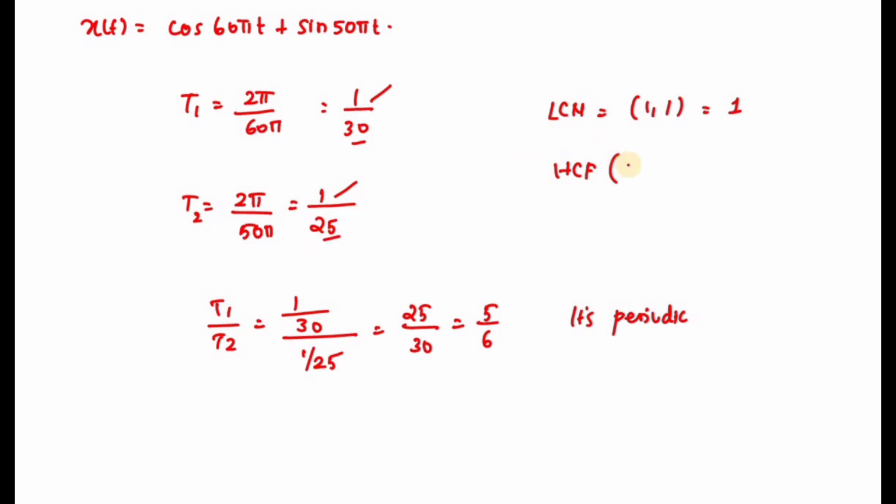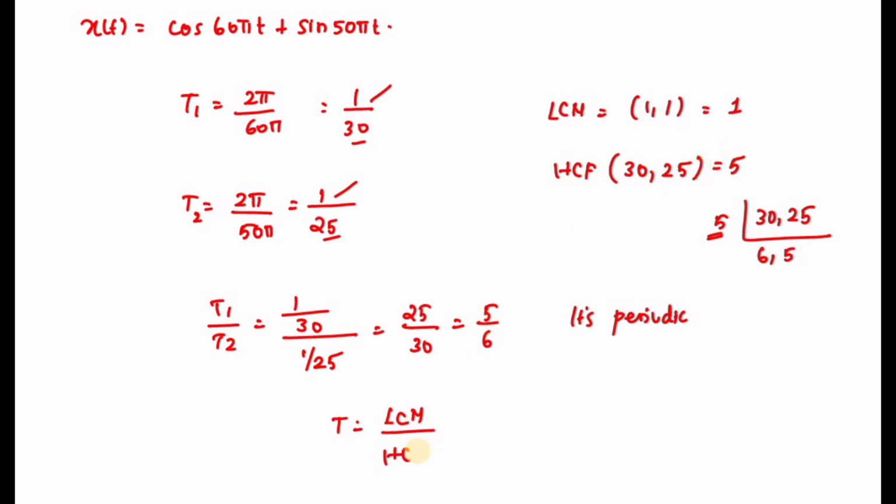And if I take the HCF of the denominators, 30 and 25, the answer is 5. So my T is equal to LCM divided by HCF, right? So it is 1 divided by 5 second. This is your fundamental period.